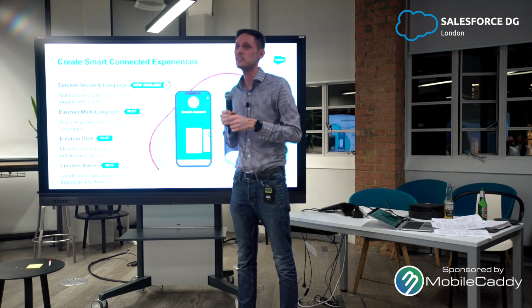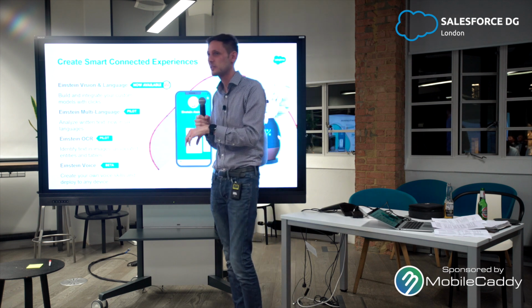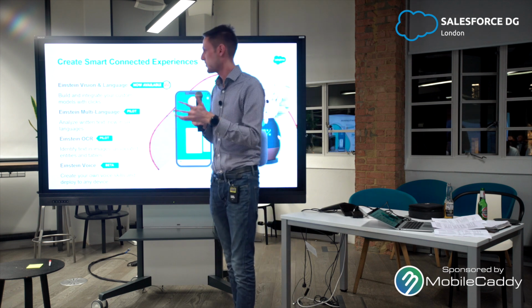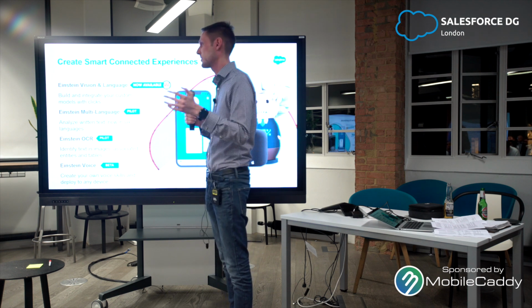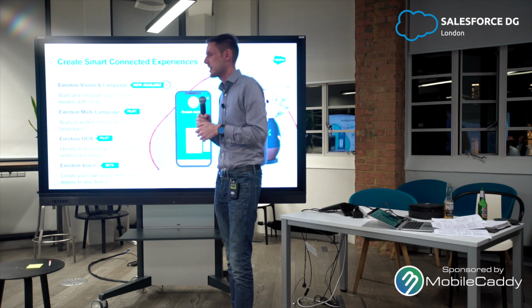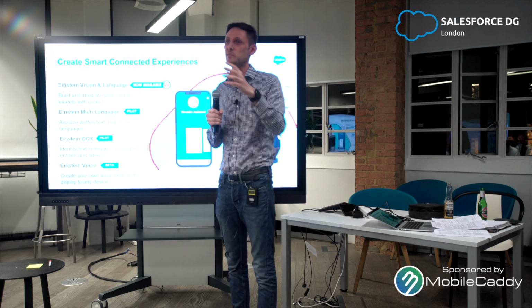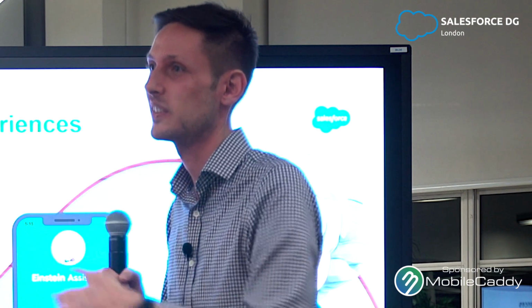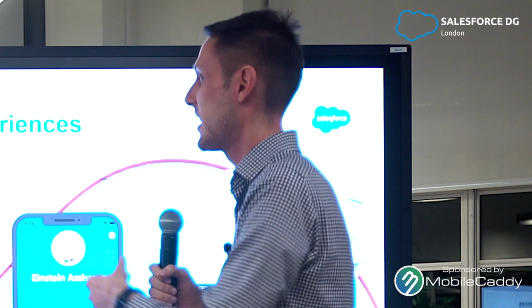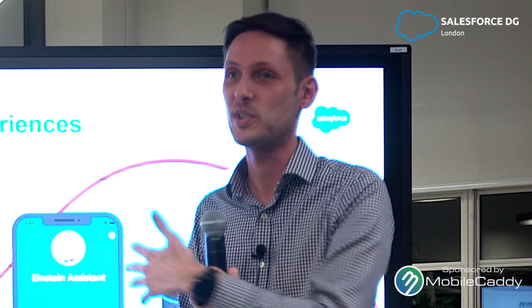It allows you to identify text within images and process it. So for a lot of you who have worked in the financial industry, you all know clients always ask for any apps that can scan business cards and automatically put the contacts in the contacts object. So using Einstein OCR, you can build something which can do exactly that.